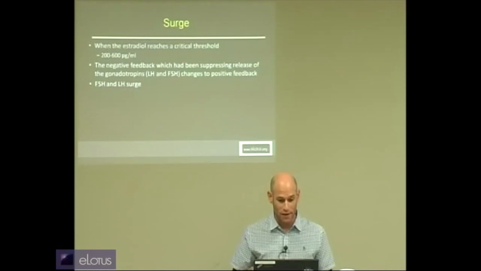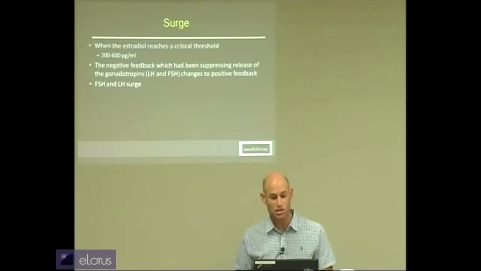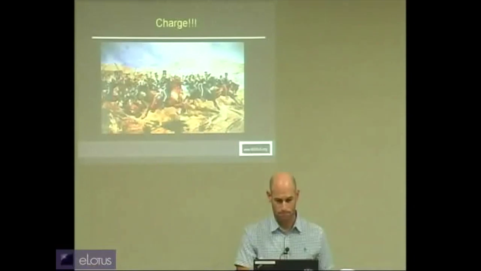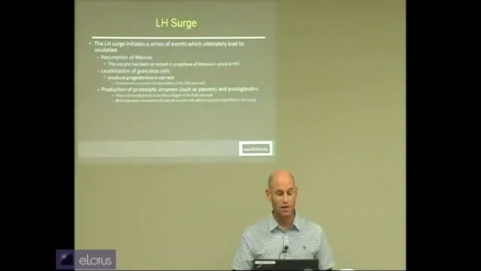So when the estrogen gets to a certain point, the negative feedback changes to positive feedback, and this causes an FSH and LH surge. Charge! The LH surge then initiates a series of events which ultimately lead to ovulation.